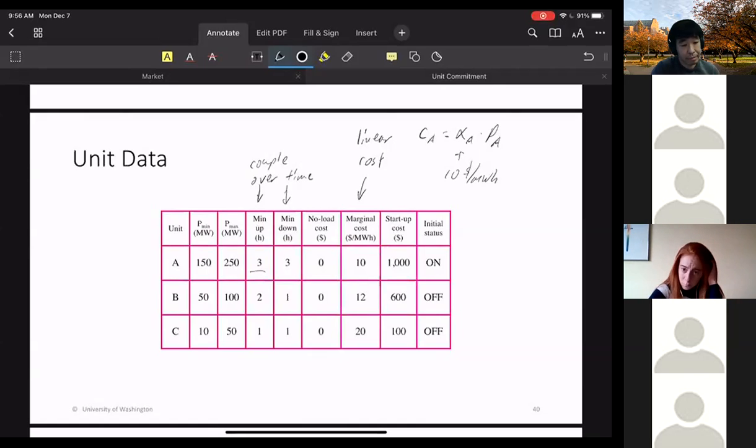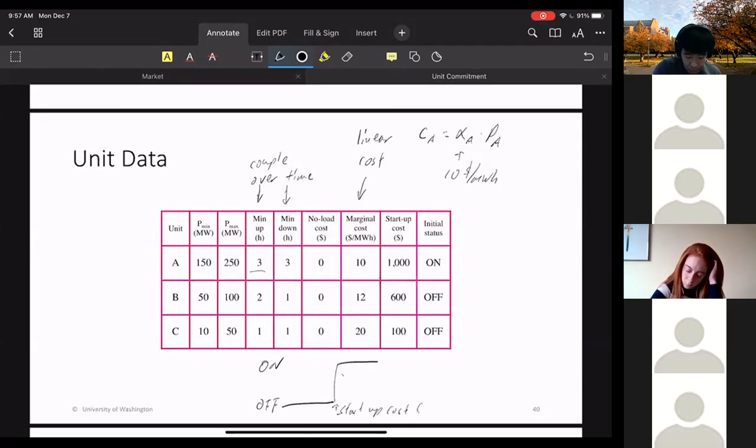Because I was thinking the no load cost is the same as the startup cost. No load cost is not a startup cost, right? You only have a startup cost when you go from off to on, when you're starting up the unit. So if you're transitioning from off to on, this has a one-time startup cost.